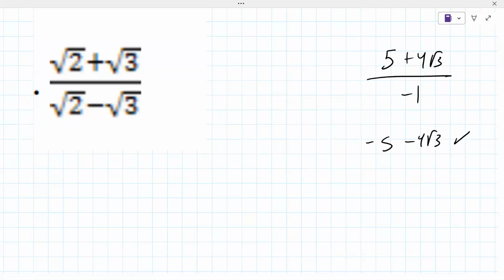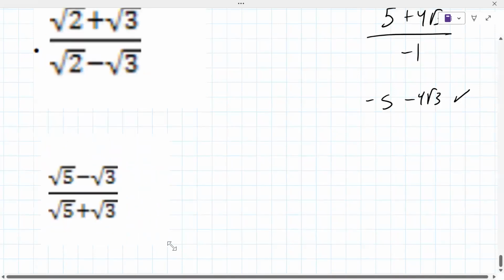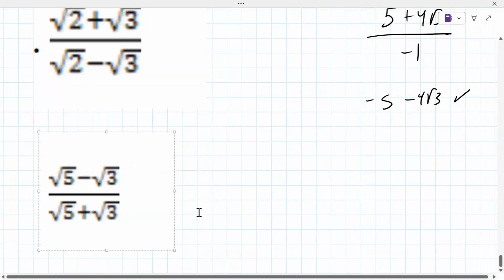Okay. So the other type that you will see is this where it's the flip.